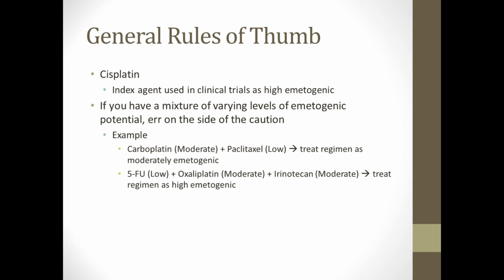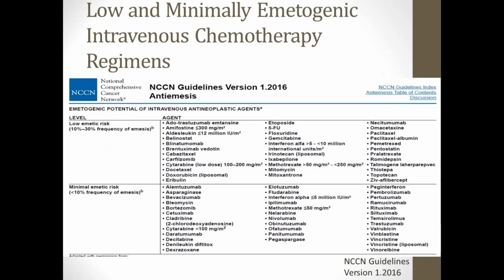So if you have a patient that's getting a cisplatin-containing regimen, whether it's weekly cisplatin by itself, cisplatin plus etoposide, whatever it may be, those patients have to receive a 5-HT3 antagonist, a corticosteroid, and a neurokinin-1 antagonist on day 1 without fail.